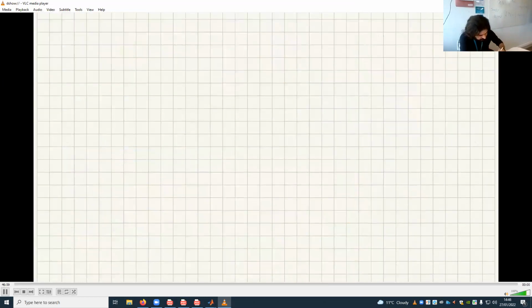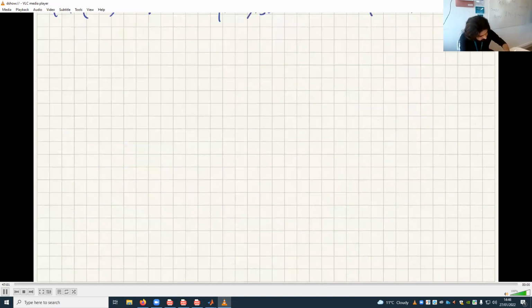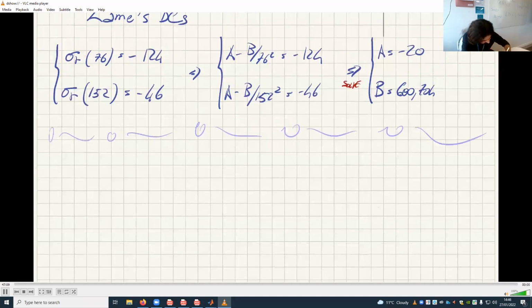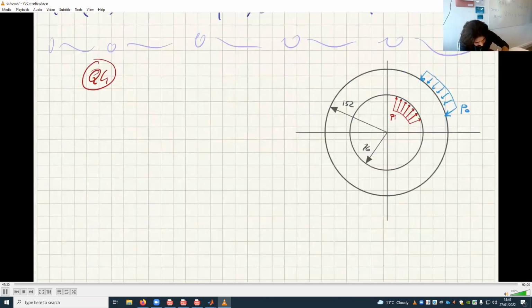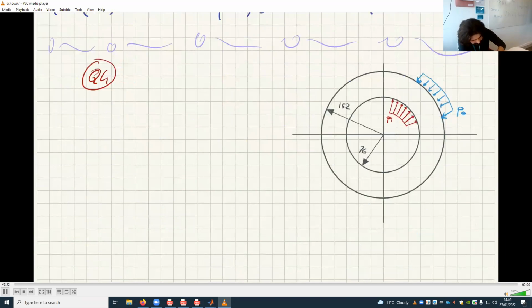So for question 4, I'll give you the idea only, no calculations. Question 4 doesn't have an external pressure. You know the geometry, and you know there is an internal pressure.